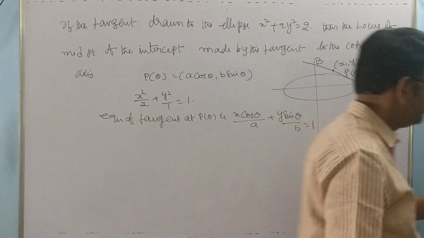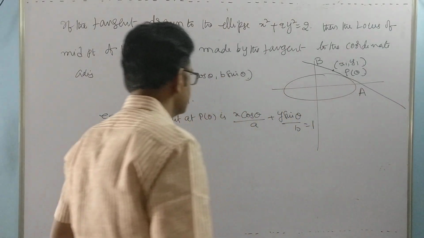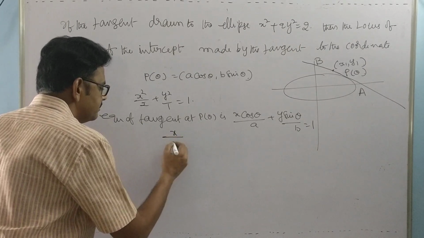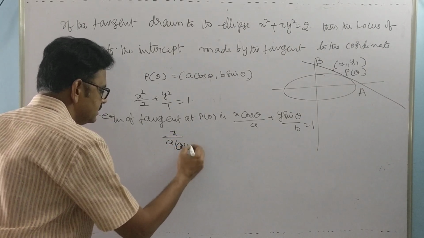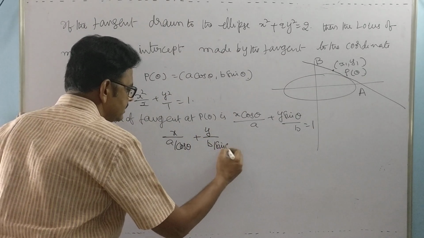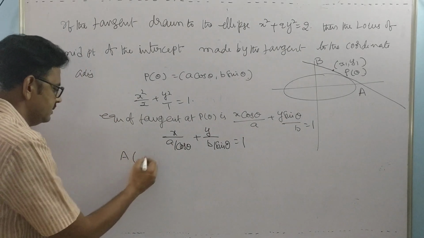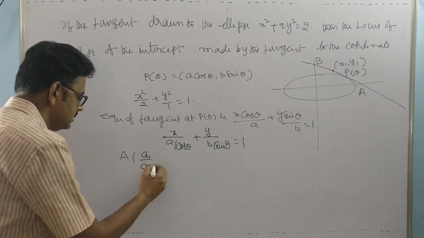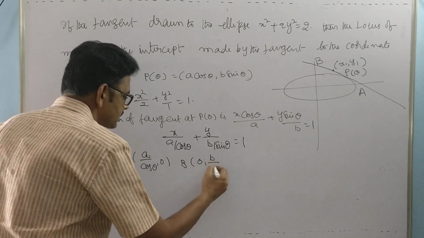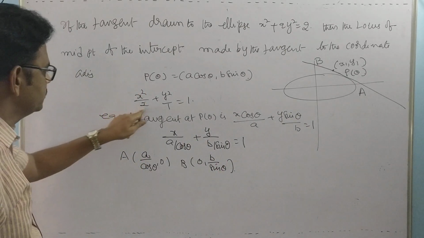So this is the tangent equation. This reduces to x by (a by cos theta) plus y by (b by sin theta) is equal to 1. A coordinates are (a by cos theta, 0), B coordinates are (0, b by sin theta), where a is root 2 and b is 1.